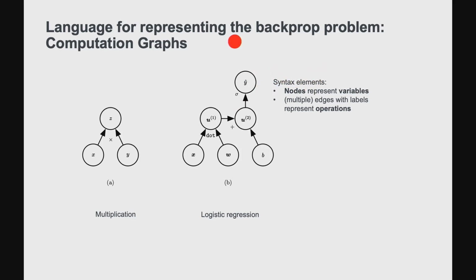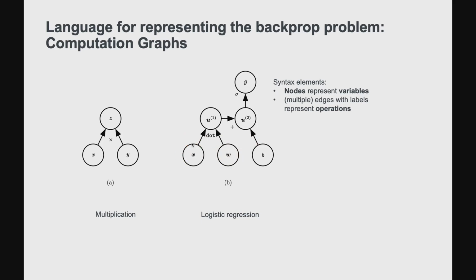So the syntax elements of my computation graphs are: nodes represent variables. Some of these variables I have invented in order to represent my intermediate results. Like in logistic regression, we put all this into one term, but then I don't have these intermediate values explicitly. Obviously, for logistic regression I do compute this product, but it's not explicit.